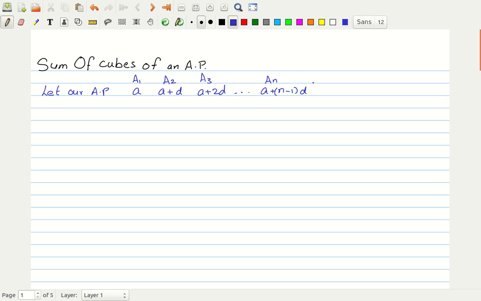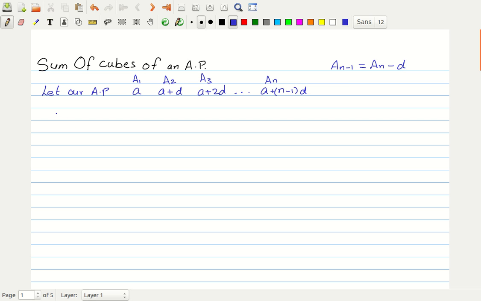So in the original problem, just like we saw in the sum of squares of an AP, we will write what is going to be a n minus 1. a n minus 1 is going to be a n minus the common difference, because each term of the arithmetic progression is only differing by the amount d, right?